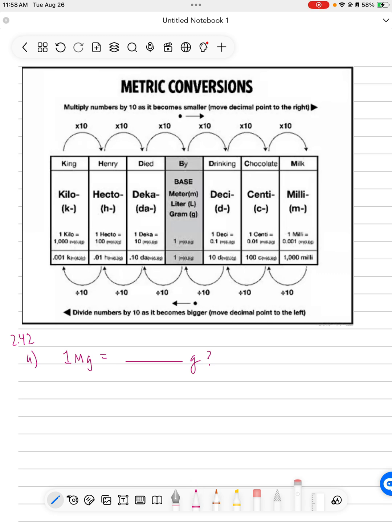And if we look up here, it shows you meters, liters, grams. Those are all the base. They don't have a prefix changing that base. The prefix would be like kilo, hecto, deca, deci, centi, milli, followed by the base. So decimeters, centimeters, millimeters. We're going to go from milligrams. So we have milli.